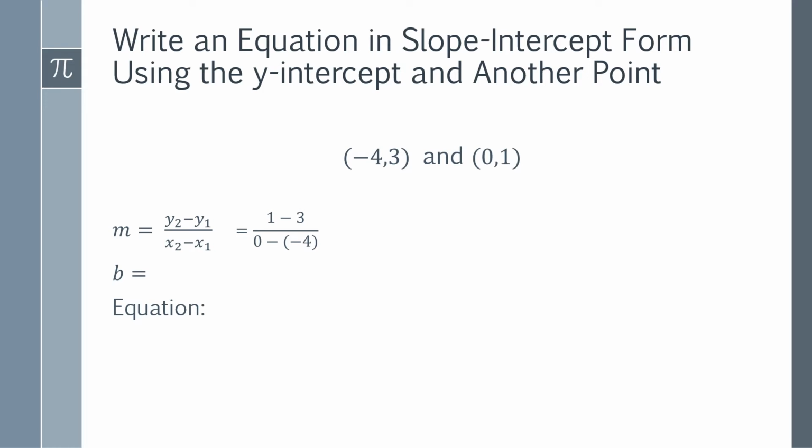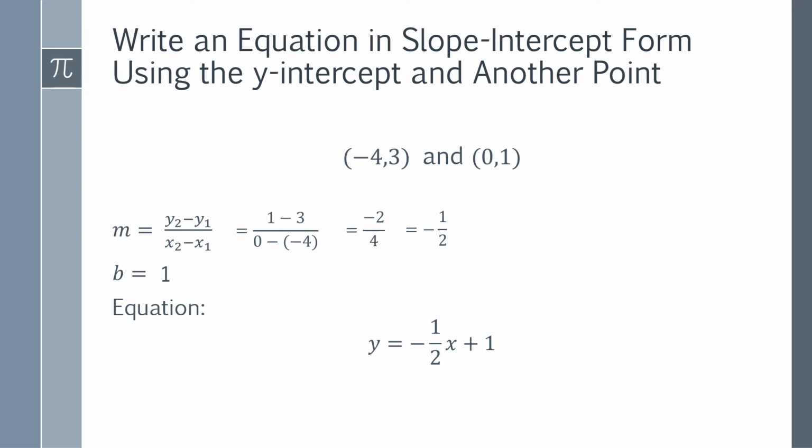So we get 1 minus 3 over 0 minus a negative 4. And that is negative 2/4, which we all know we can simplify. So m is negative 1/2. B is the y component of the y-intercept, so that's going to be 1. So the equation for this line is going to be y equals negative 1/2 x plus 1.